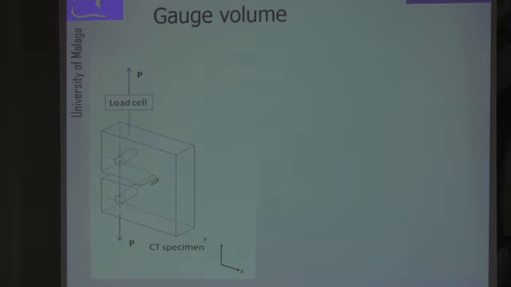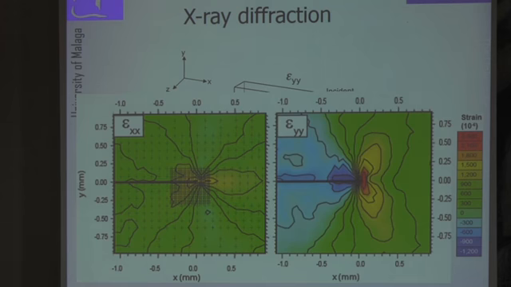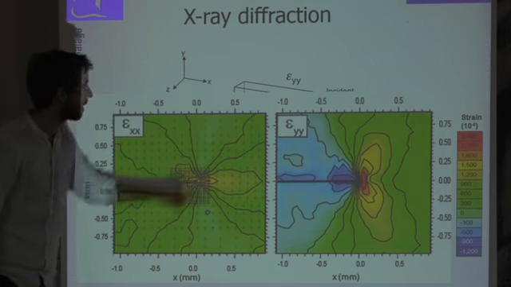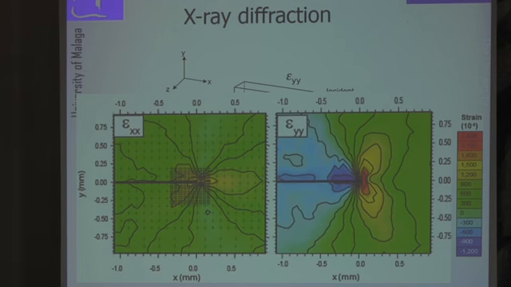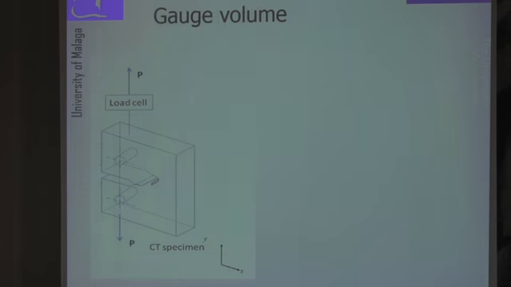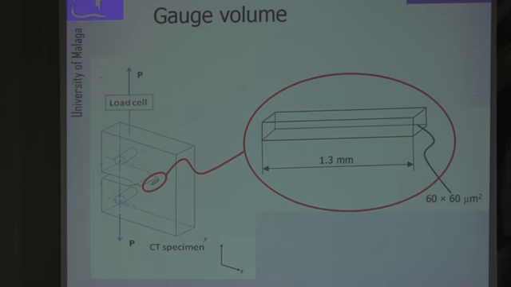These marks are the points that we're actually measuring. Each of these points is the average of a small volume right in the center of the specimen that has dimensions approximately 1.3 millimeters by 60 by 60 microns.